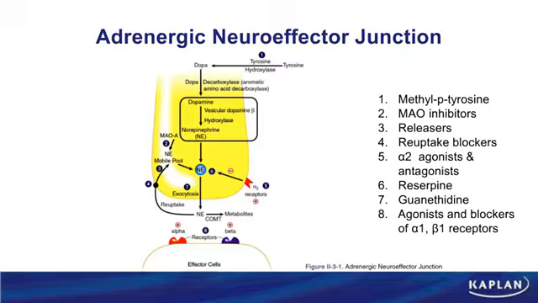It's rapid reuptake into the presynaptic nerve that is the reason why norepinephrine has a short half-life. That distinguishes it from acetylcholine. Remember, it was the metabolism of acetylcholine by acetylcholinesterase. That was the reason why acetylcholine has a short half-life.